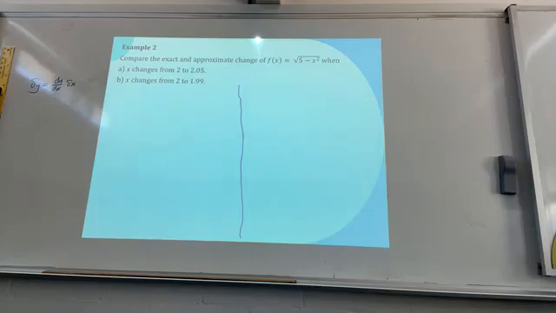So the exact change is f(2.05) minus f(2). You have to evaluate f(2) in this case, which, if you substitute 2 in, is square root of 1, which is 1.